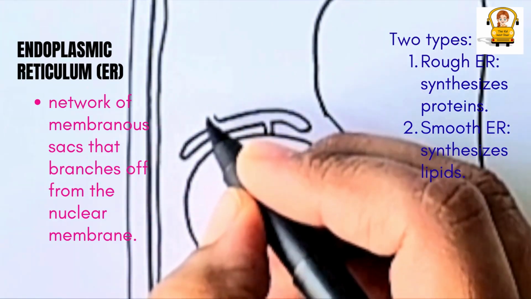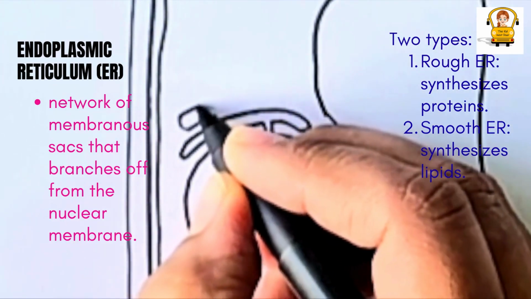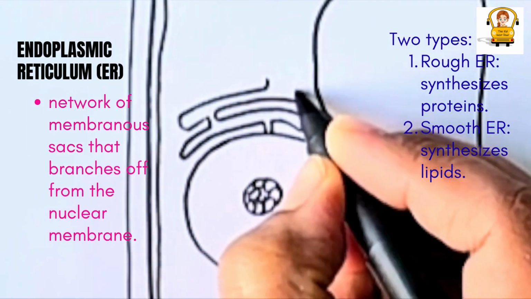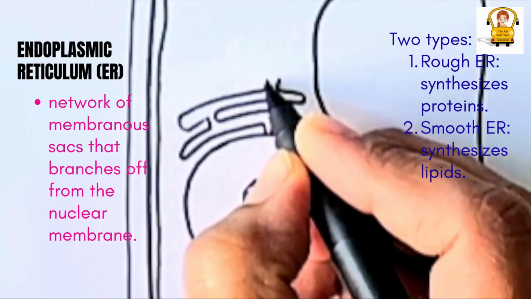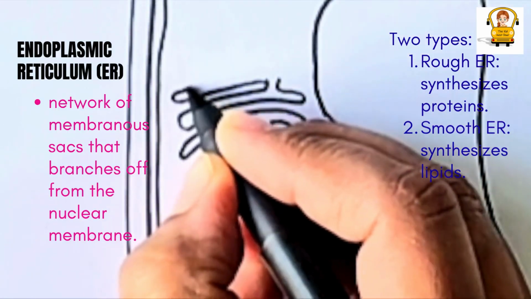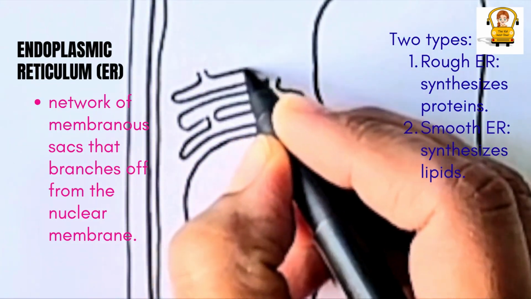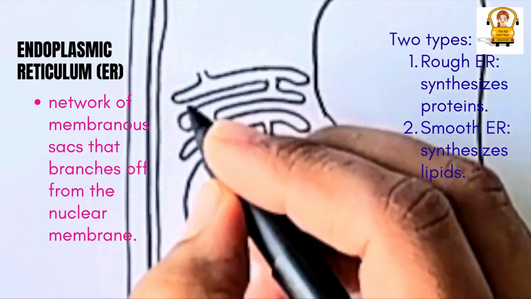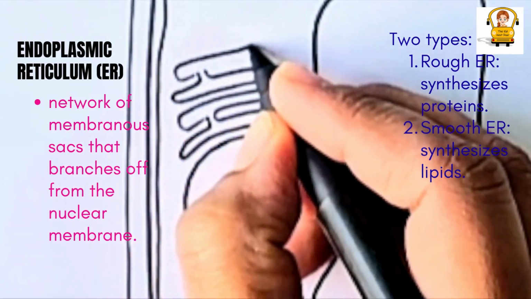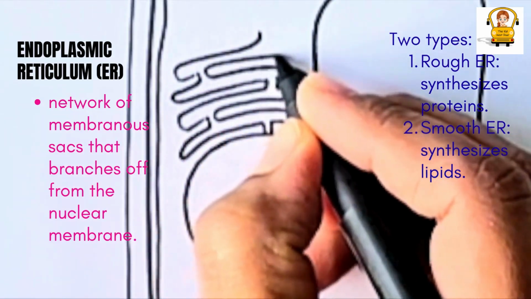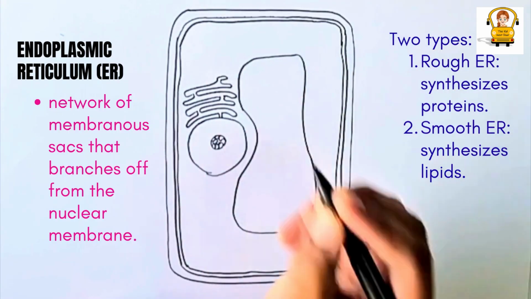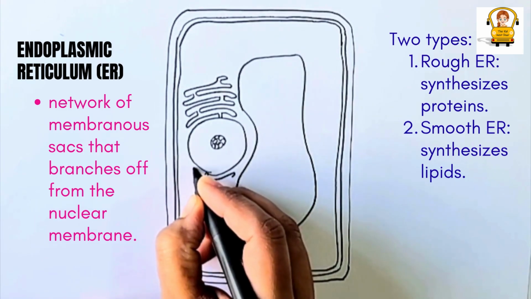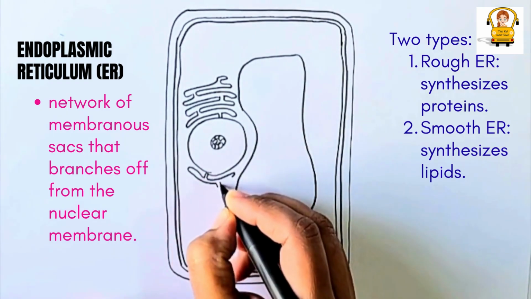So I have zoomed the view here for you to carefully see how I'm drawing these membranes, the thin folded membranes which are still interconnected, and part of it will be rough ER, the ones which have ribosomes on it, so it provides a rough view under the microscope, and the remaining half without the ribosomes on the membrane is called smooth ER.